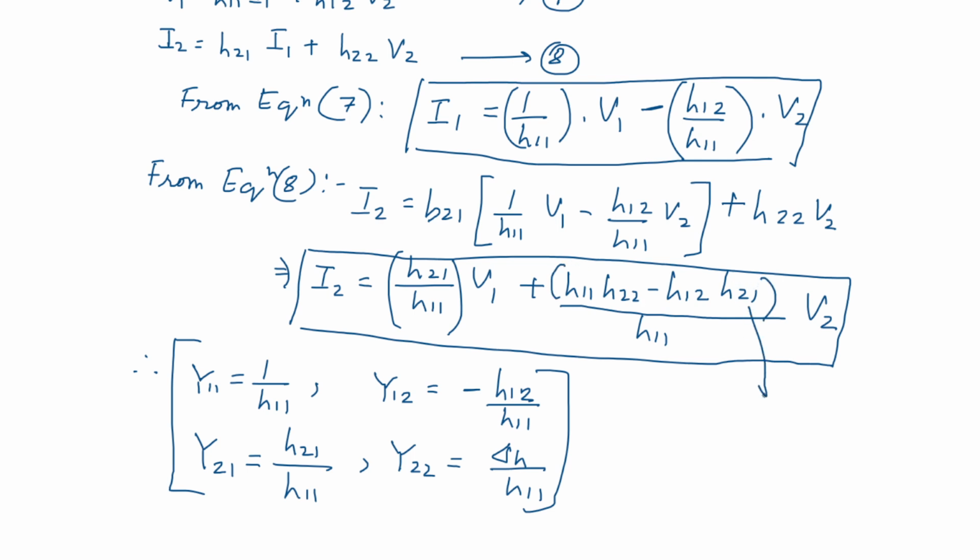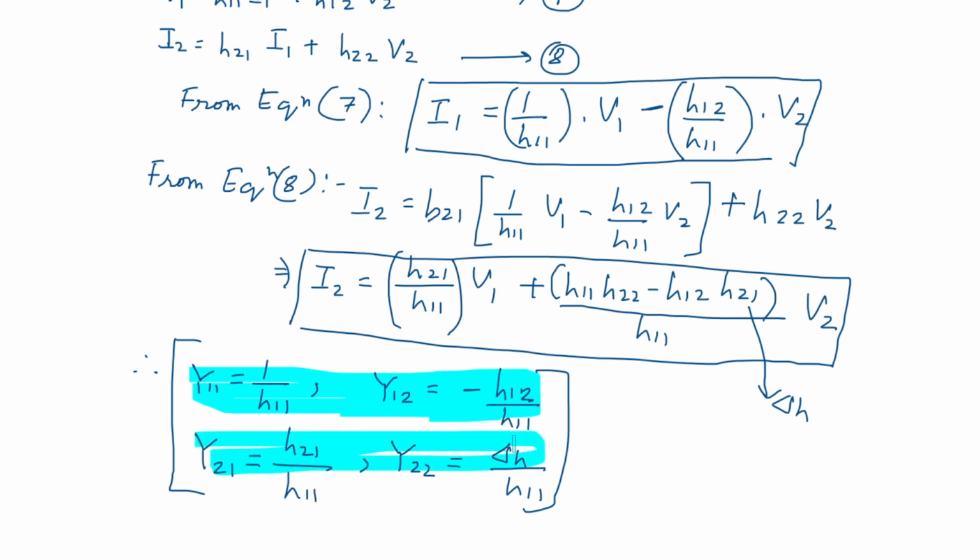This is actually delta H. So by this representation we can understand the relationship between Y parameters and hybrid parameters.